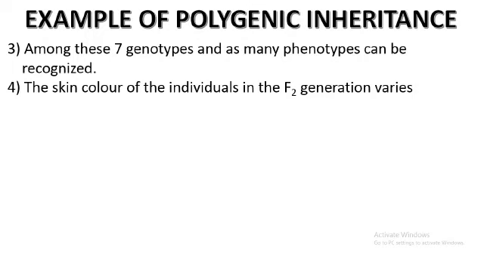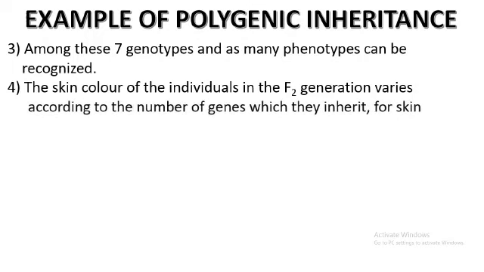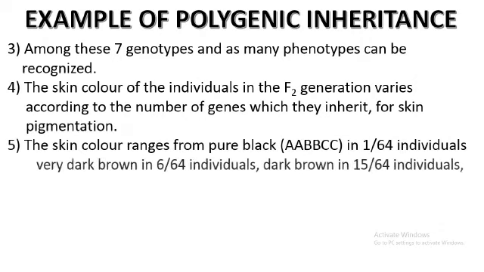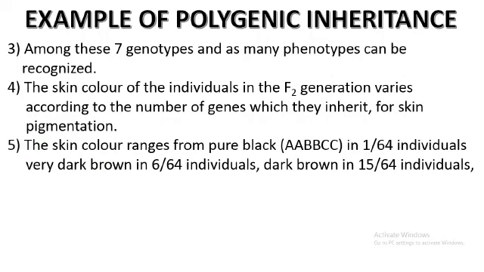Here the skin coloration varies according to the number of genes. It is the cumulative effect of these genes which produces the skin color. For example, the pure black person, as I told you, is dominant. He will have all three pairs, or six genes, in dominant condition. So he will be black. That is, 1 out of 64 individuals will be black.